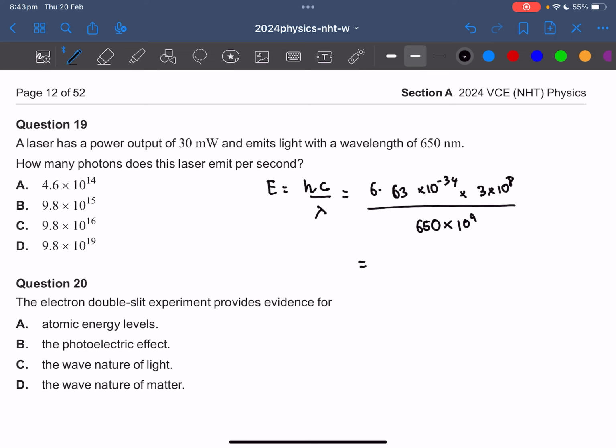Let me put that on my calculator real quick. So I'll get 6.63 times 10 to the minus 34 times 3 times 10 to the 8 on 650 times 10 to the 9. Okay, so I get 3.06 times 10 to the minus 19.